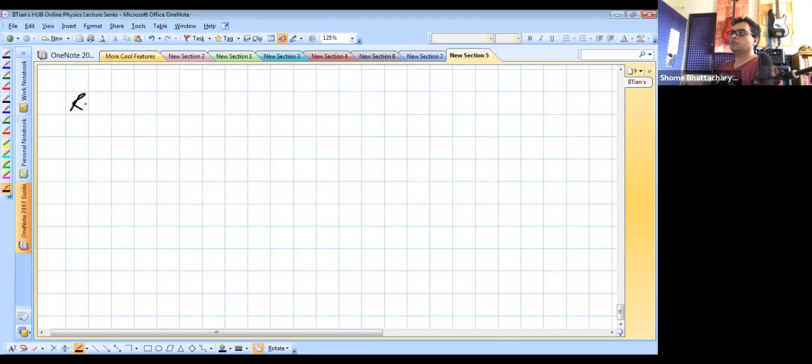So now we look at the next aspect of vectors, that is representation of vectors in what we call component form.